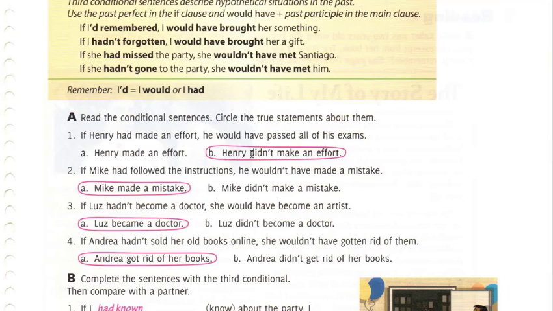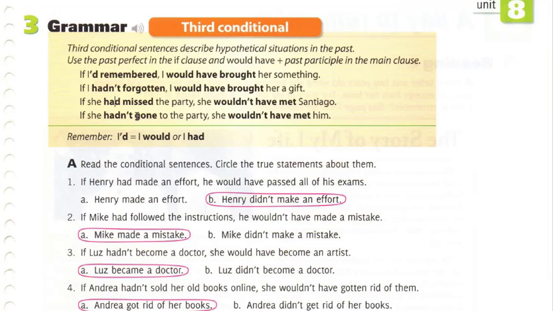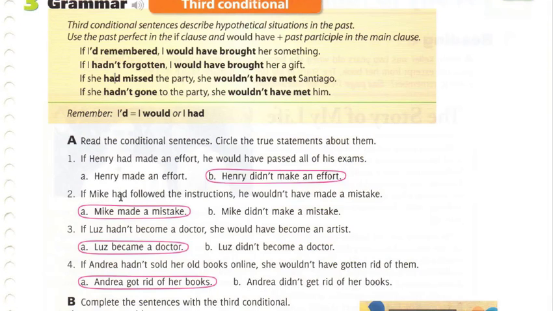So number 1 is, if Henry had made an effort, he would have passed all of his exams, which means Henry didn't make an effort. Number 2, third conditional, if Mike had followed the instructions, he wouldn't have made a mistake, which means Mike made a mistake.